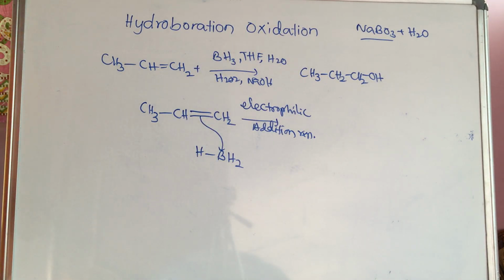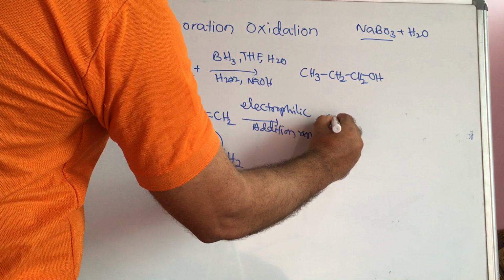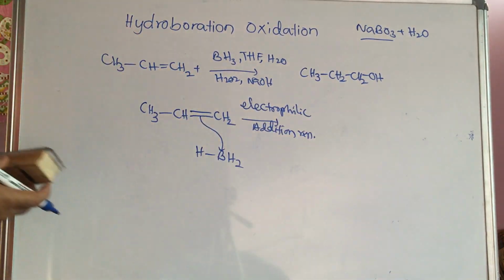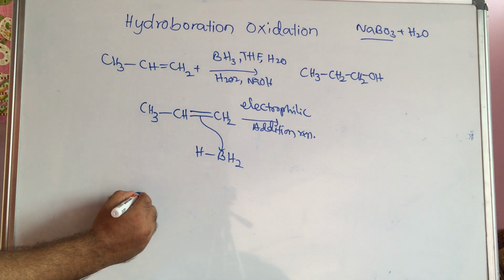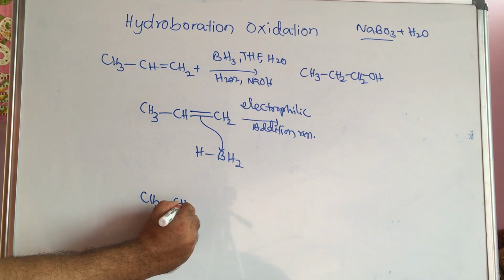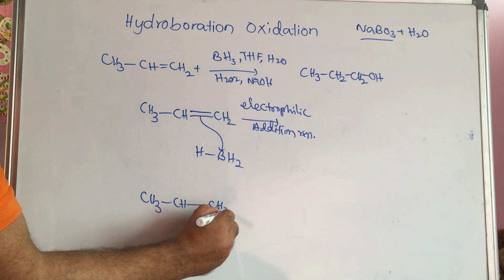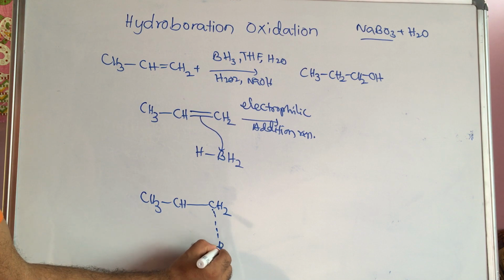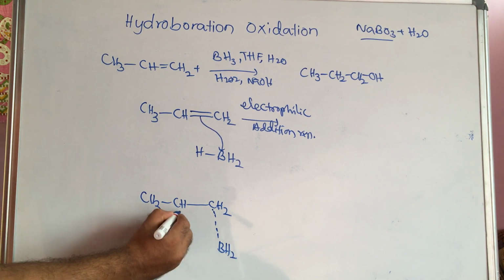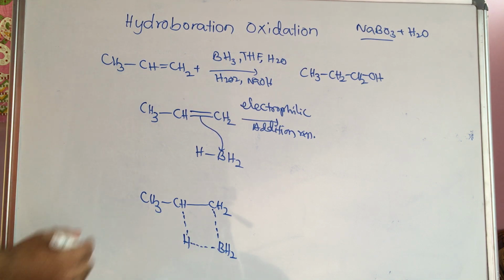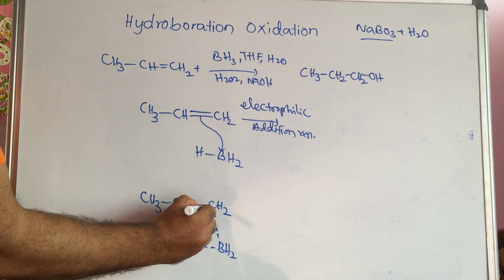Electrophilic addition reaction. Then we will get here CH3, CH, CH2, and we will also write the transition state. Now this is a dotted line, BH2, H, and here this pi bond will be dotted.